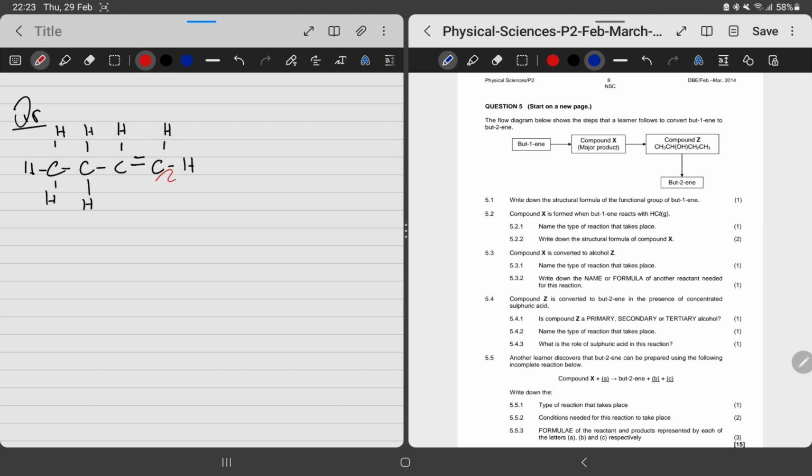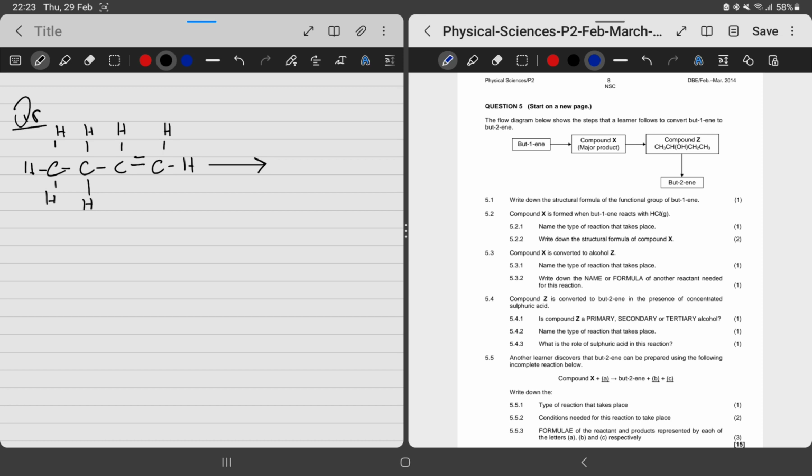Okay, so this is carbon number 1, 2, 3, 4. 4, that's but. And then in carbon number 1, I have a double bond. So that's but-1-ene. And then it undergoes a reaction to form a major product, compound X.